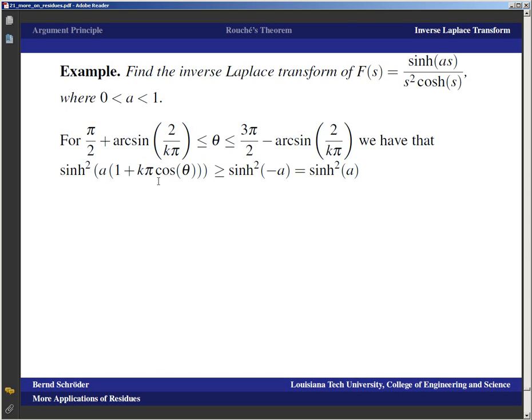And so that means what we're getting back here is a negative number that is at the worst negative 2 over k pi, and negative 2 over k pi would give us a times -1 here, and the sinh is an increasing function, and so that means that this will be greater than or equal to sinh squared -a.